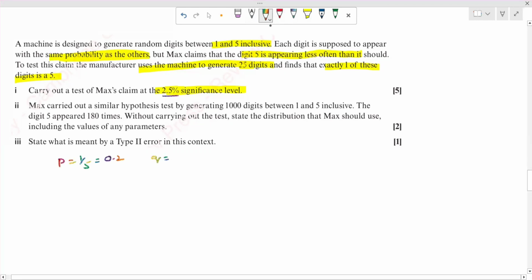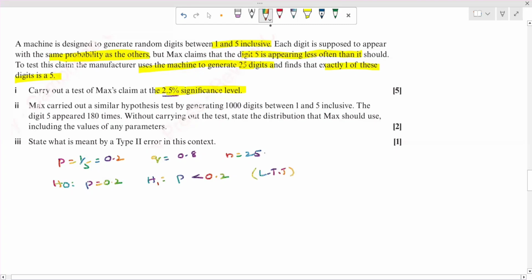It will be q equals 0.8. Okay, n equals 25 as given. Now write down the hypothesis. Null hypothesis will be p equals 0.2 and H1 will be p less than 0.2. It means a lower tail test.